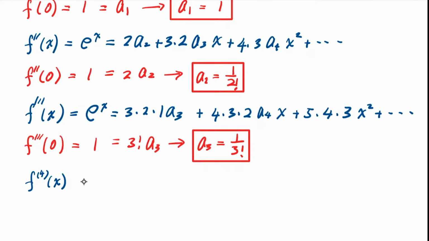So we do this. And that's there, e to the x. And this one dies. So the next one, 4 times 3 times 2 times 1, A4. You get it? The next one is about to become 5 factorial.